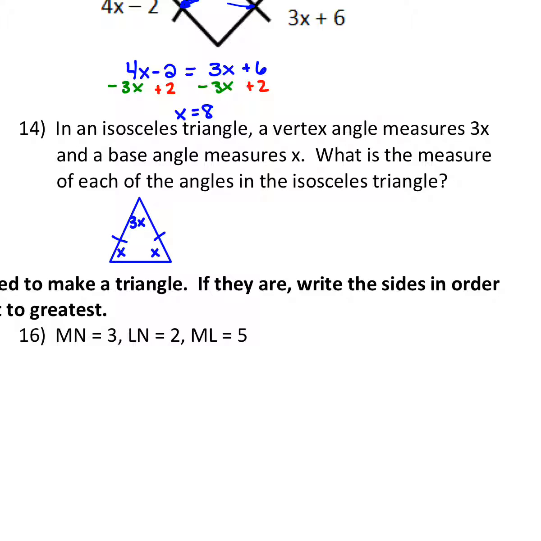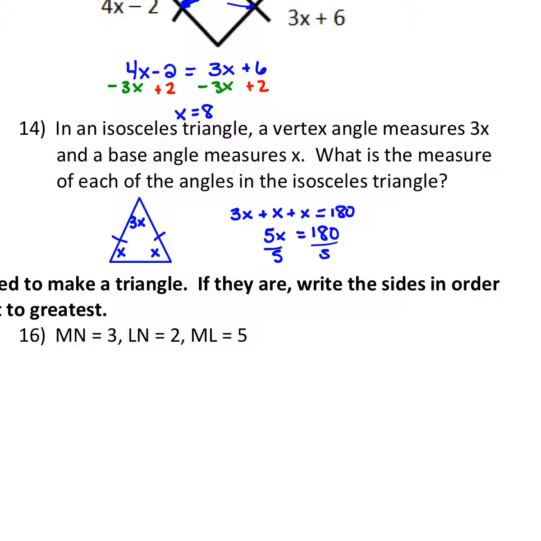And again, we're going triangle sum theorem. So 3x plus x plus x equals 180. So I've got 5x equals 180. We want to divide both sides by 5. Pretty sure it's 36, but let me double check in the calculator.